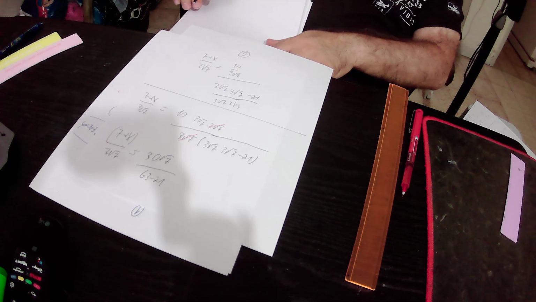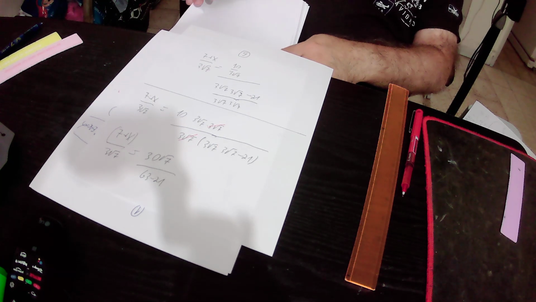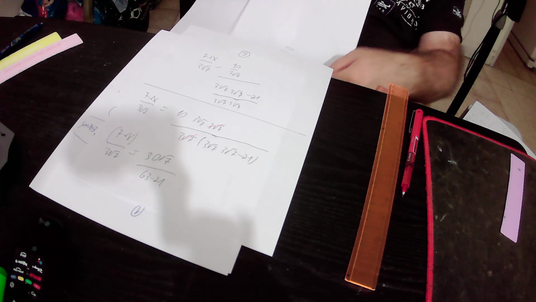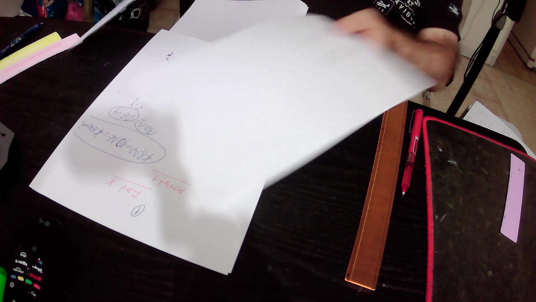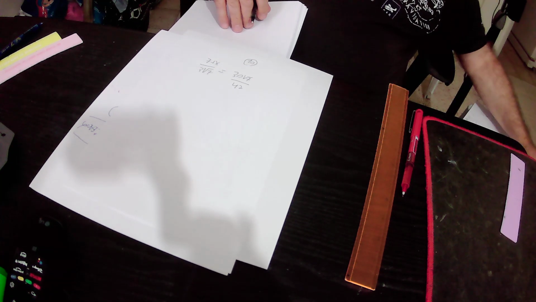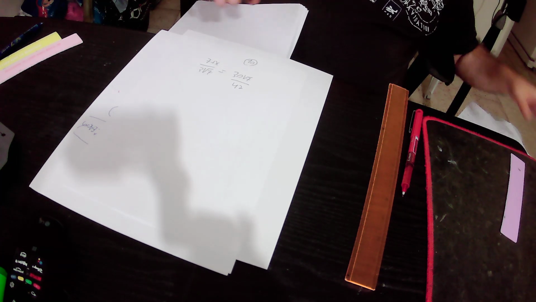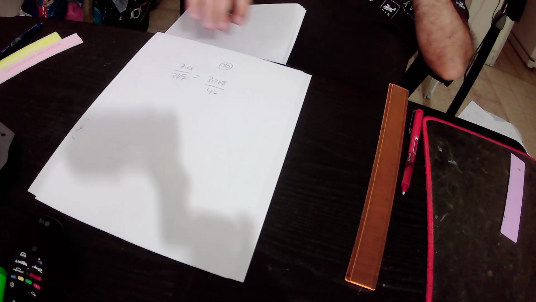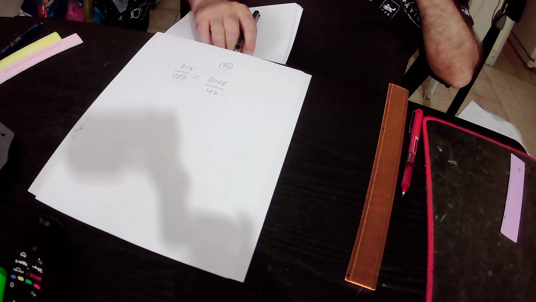So I will write it down. So in total we got that 7 plus x over 3 times root 7 equals 30 times root 7 over 42.